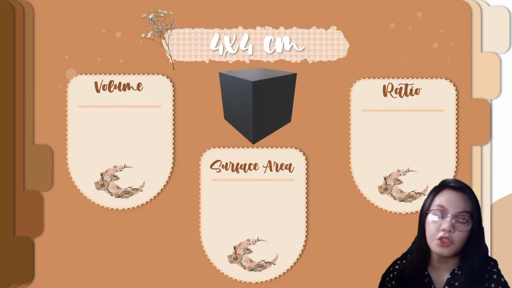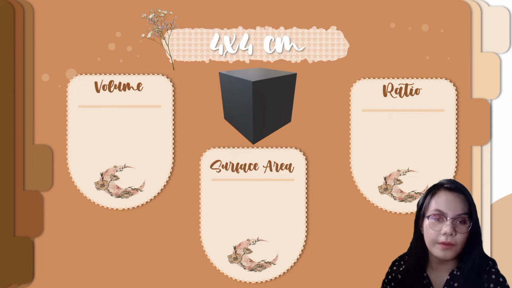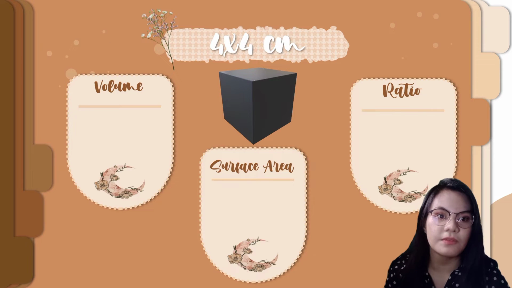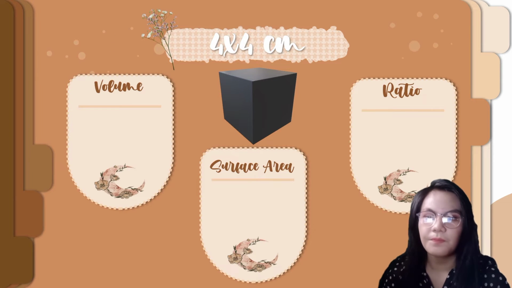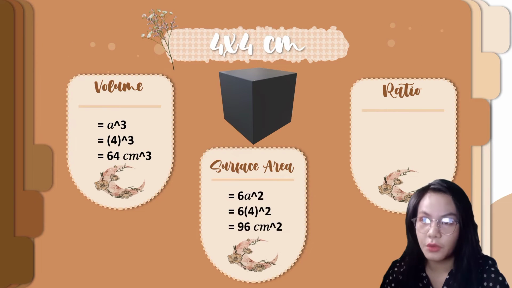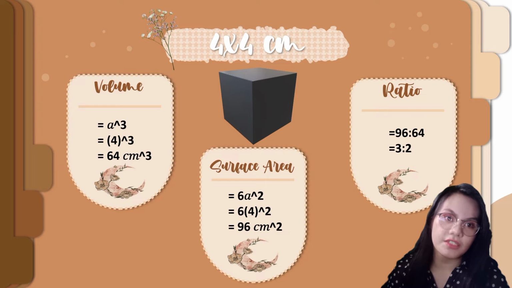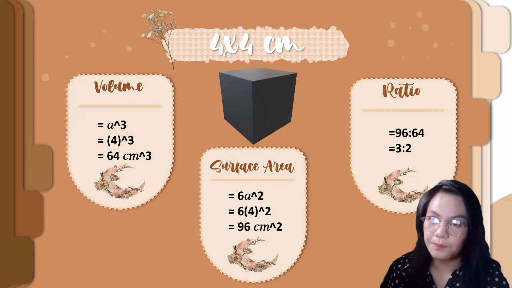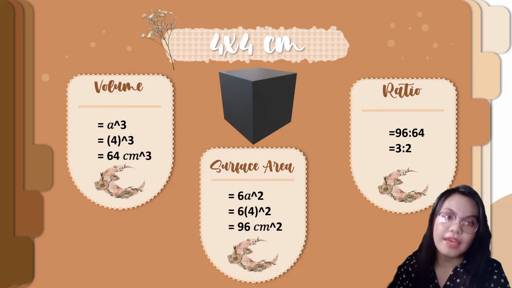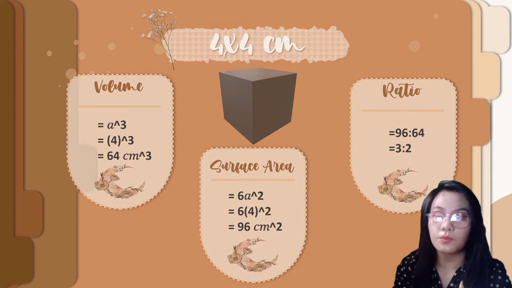Next, we have a cube that has a 4 by 4 dimension. We doubled the sides from the previous example. The surface area is 96 centimeters squared, and the volume is 64 centimeters cubed. Now, the surface area to volume ratio is 3:2.